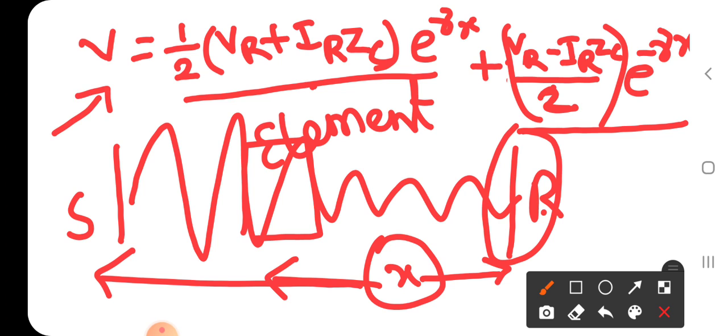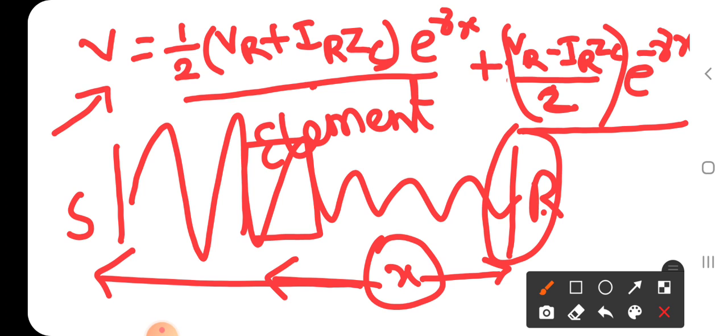That is why this part of the voltage in the above expression is called incident voltage. From sending end to receiving end, the voltage magnitude decreases; from receiving end to sending end, the voltage magnitude increases. Therefore, it is called incident voltage.